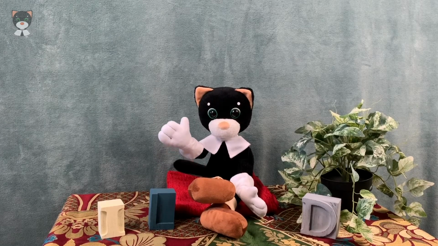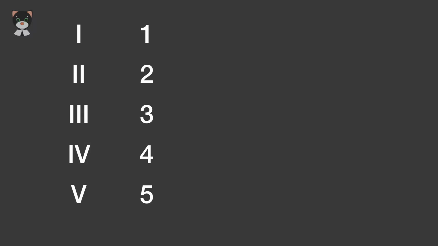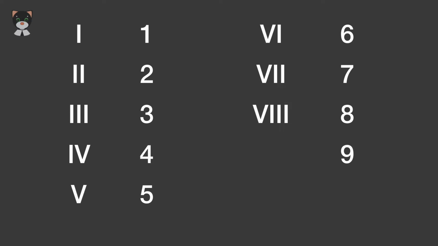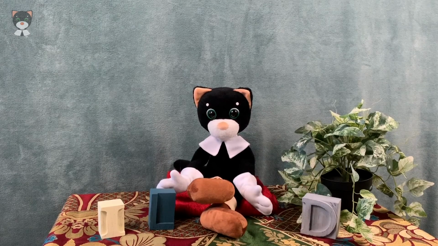If you put here a letter of a lower value followed by a letter of a higher value, you subtract. 5 minus 1 is 4. And we have it here. Look at that. 1, 2, 3, 4, 5, 6, 7, 8, and now we need 9.